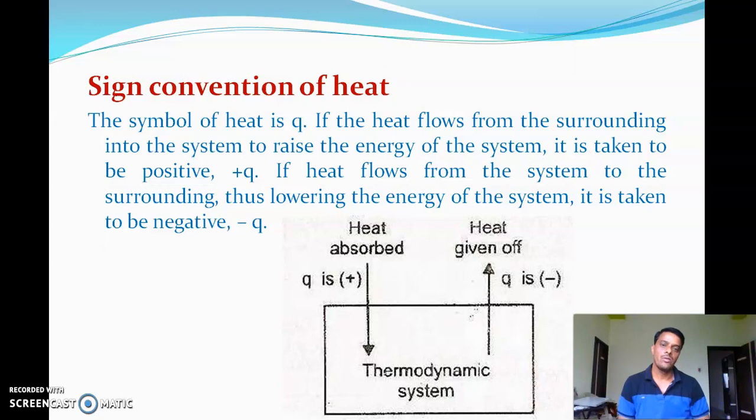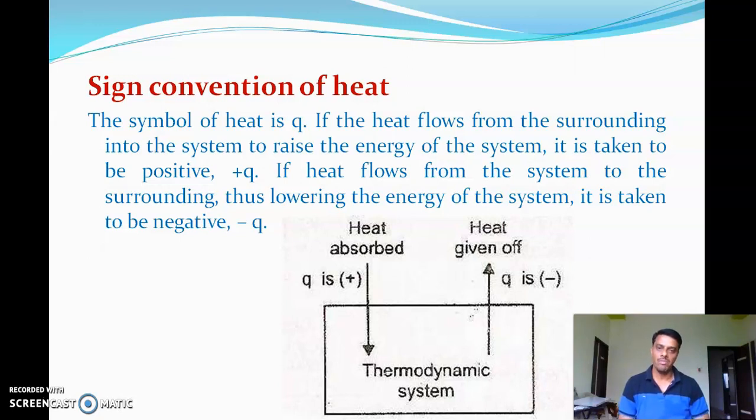Okay, we take the heat as plus Q and minus Q, depending upon whether heat is absorbed during the process by the system or heat is evolved during the process by the system to the surrounding.